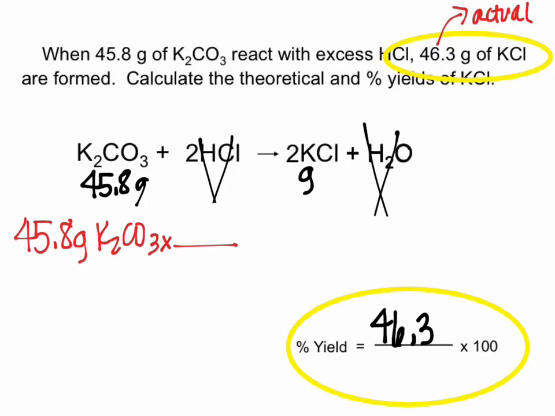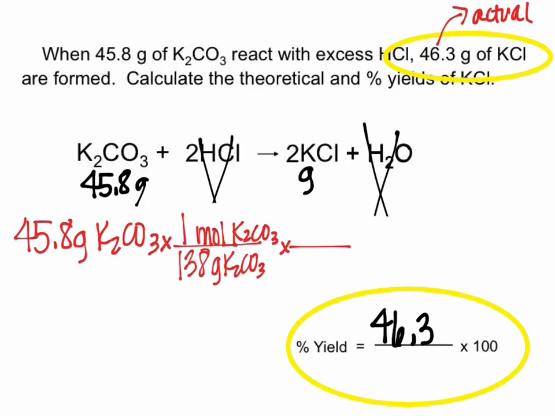So let's go find that. 39 times 2 plus 12 plus 48. 138? 138 grams of K2CO3, and that is always in 1 mole of K2CO3.